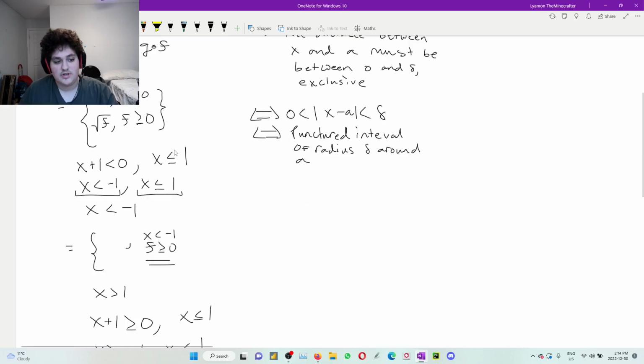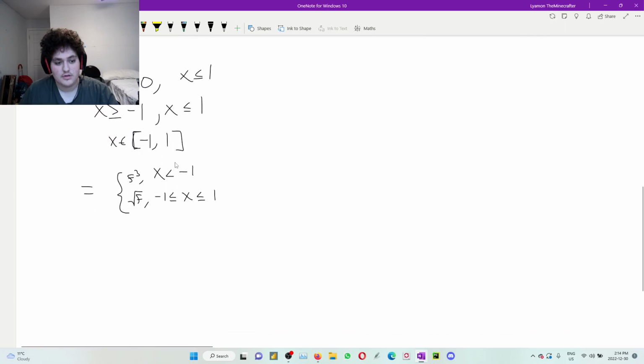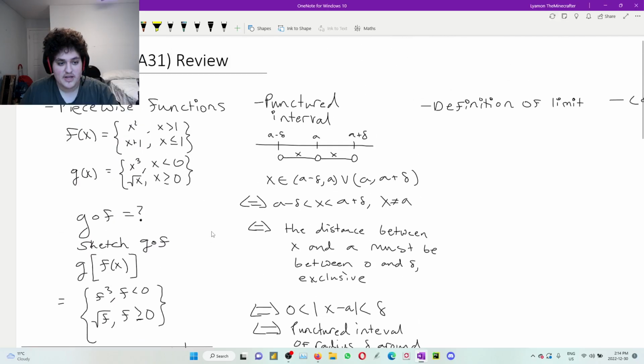So it's x plus 1. So we're just going to have x plus 1 cubed. Yeah, because f is x plus 1 when x is less than -1. So now we just have to look at this range. x is ranging from -1 to 1.